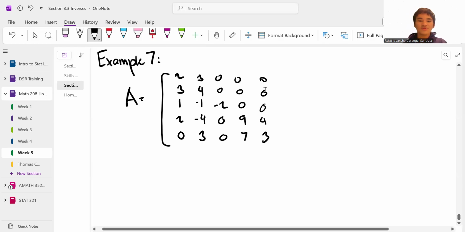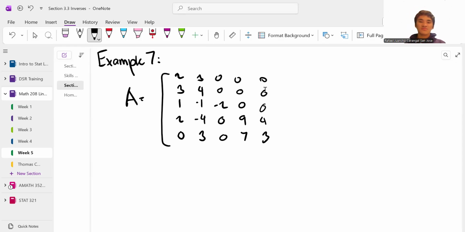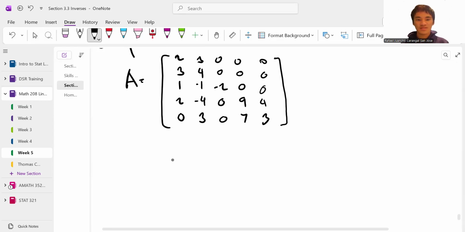But I'm trying to show how, with a matrix this big, we can use partitioning to make it easier if we want to do it by hand. Suppose that all of the zeros in the upper right of A suggest that we partition A into blocks. So we're just going to partition them.